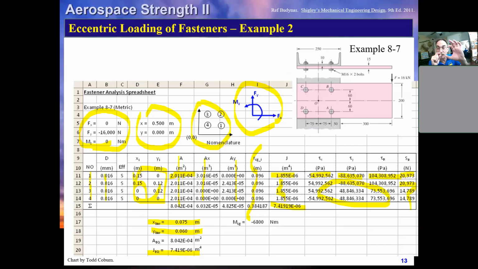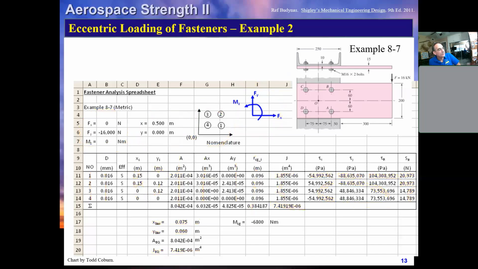Each shear force times that eccentricity is the moment in bending on that fastener, and the stress is MR over I of the fastener itself, of a round fastener of that diameter. That's how you analyze a fastener pattern. So that's how we analyze a fastener pattern when we have an eccentric loading. Enjoy.